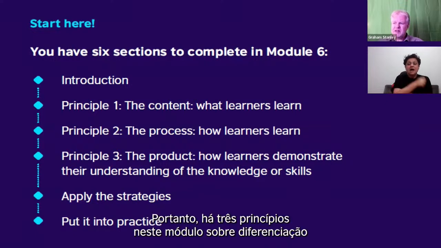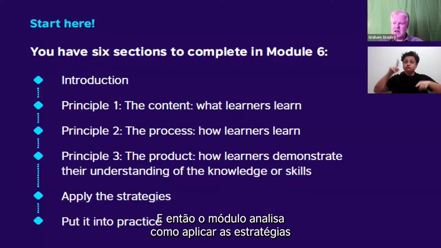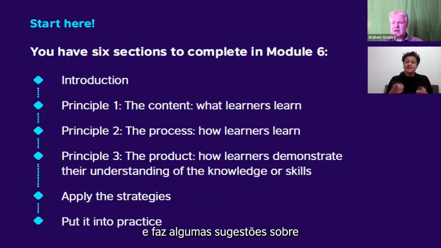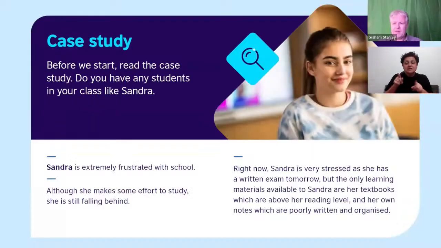So there are 3 principles in this module about differentiation, which I'll look at today. And then the module looks at how to apply the strategies and makes some suggestions about how you, the teacher, can put it into practice.